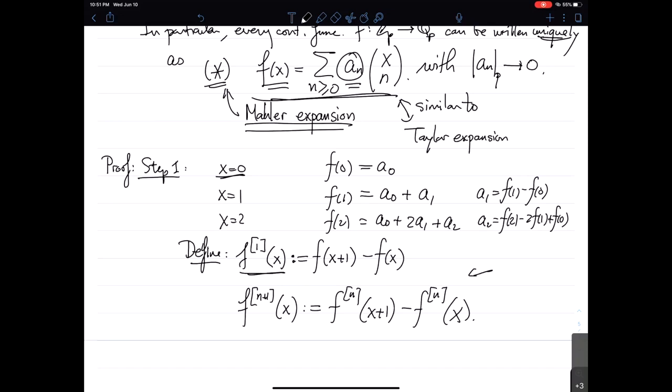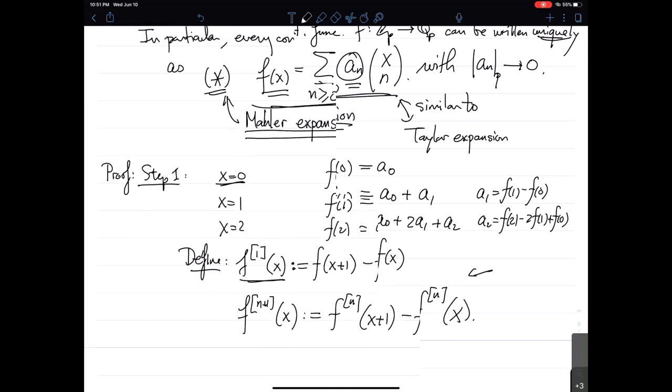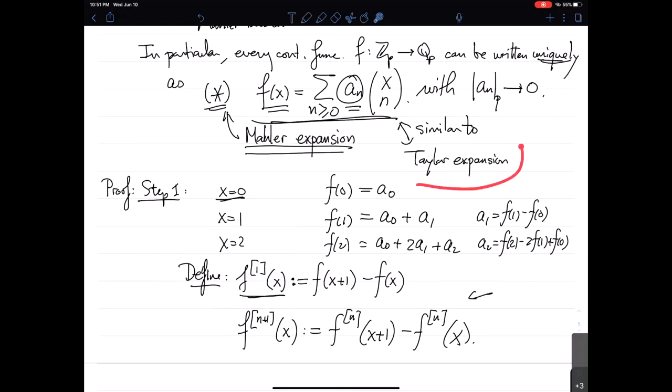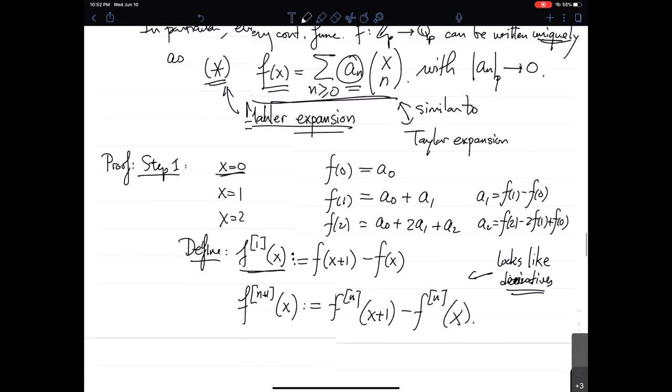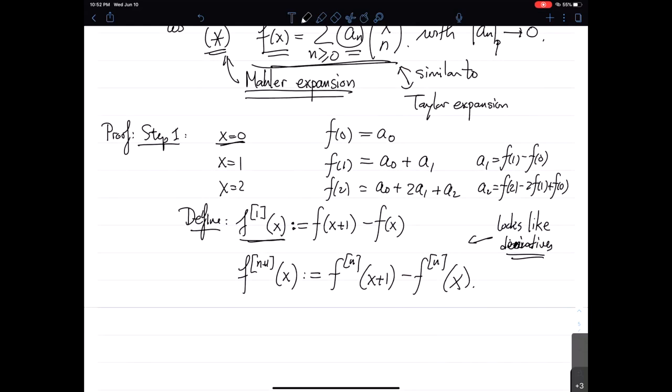This looks like a Taylor expansion. Not quite, but this is an analog of derivatives. And also, maybe I should explain why I want to introduce this function.